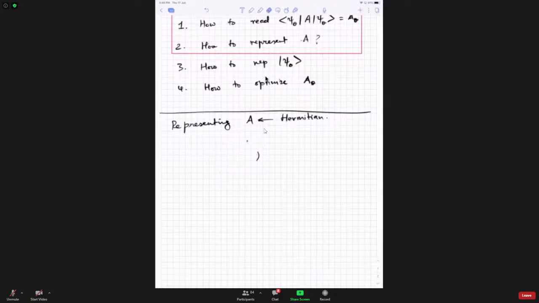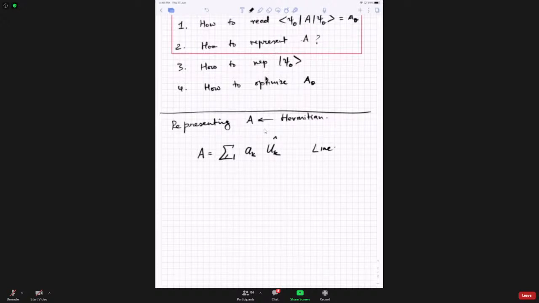Let me not do it right now, but the fact that this is Hermitian has very little real impact on the rest of what we're saying. Because A is Hermitian, I can think of A as the sum over k of a_k times U_k.